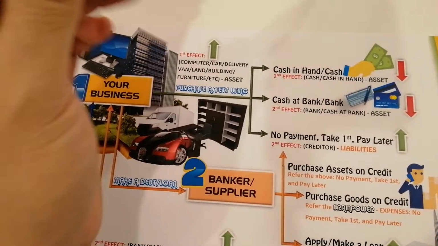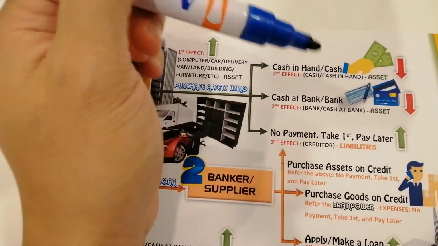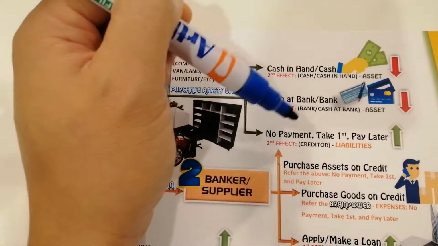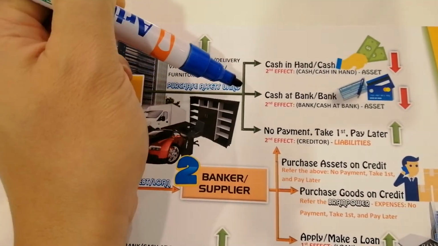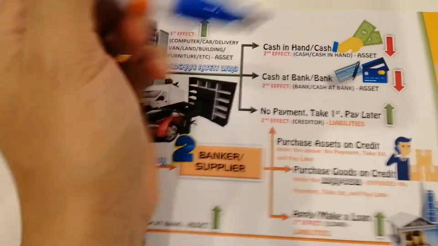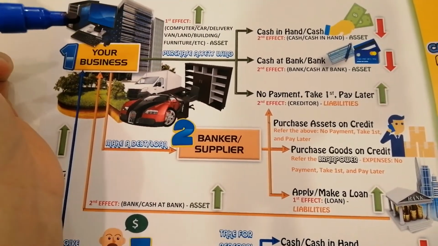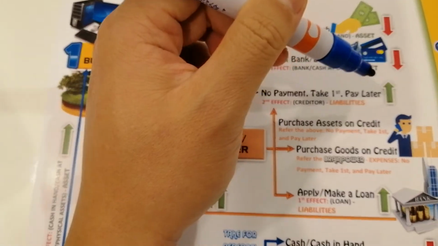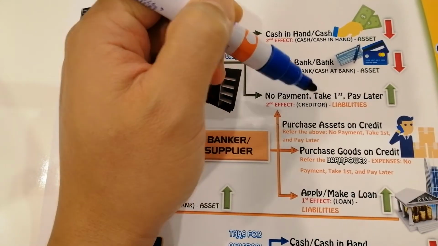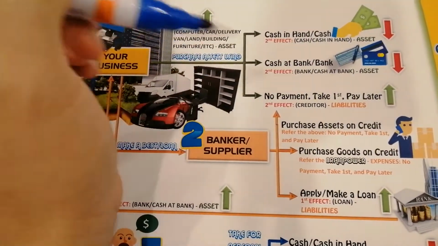Your business can purchase asset using cash in hand, or cash at bank, or we call it bank. Or the business purchases asset with no payment, take first, pay later, meaning you don't have to pay now. You take the asset first, bring it back to your organization, use it first, generate income, then you will pay to the creditor. We call the term in accounting creditor. What is a creditor? A creditor is a person who gives us credit, so debt for asset.